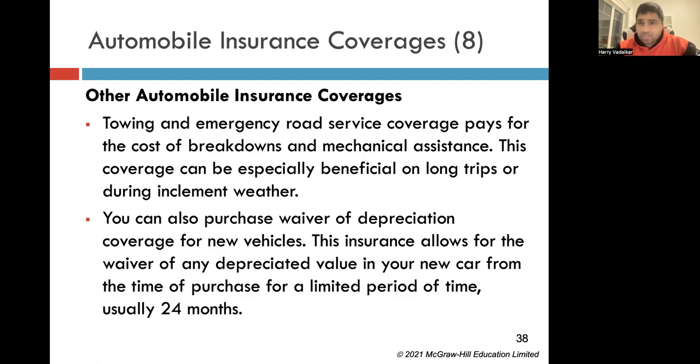AMA is roadside assistance. If something happens, like you run out of fuel, or your car is not starting in the cold weather, then they can provide you help if you call them up. You can purchase a waiver of depreciation coverage for a new vehicle. This insurance allows for waiver of any depreciated value, up to 24 months.